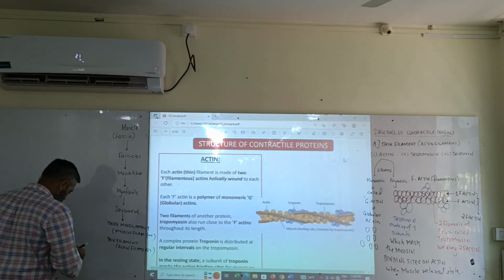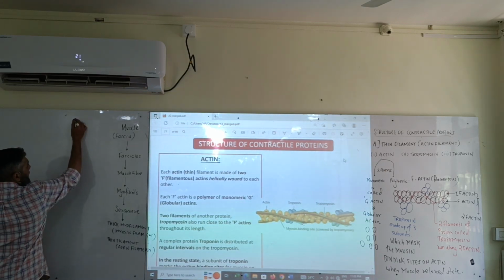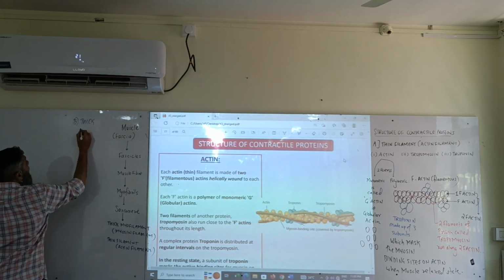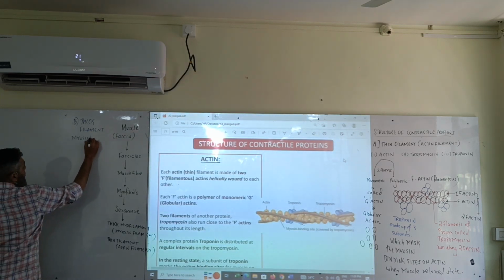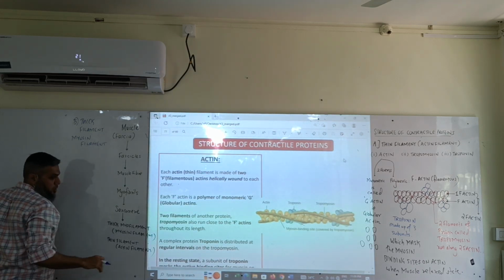Now let us talk about another beautiful protein. The thick filament is called the myosin filament.